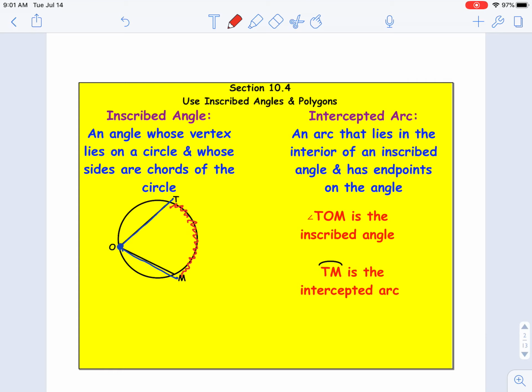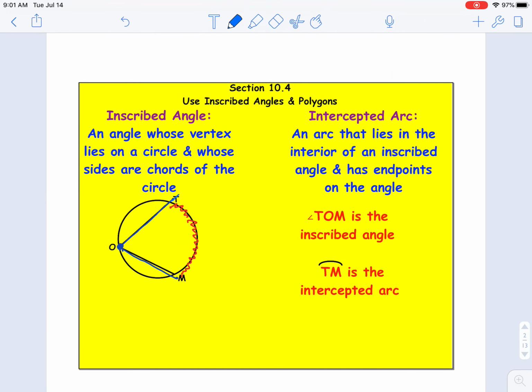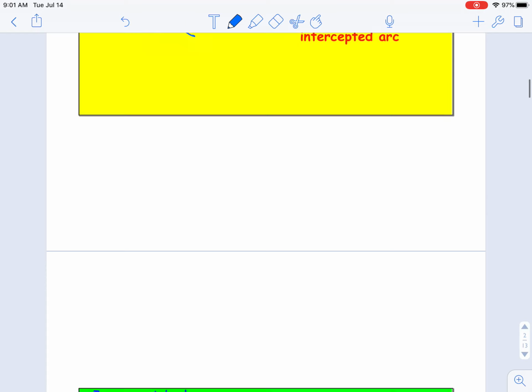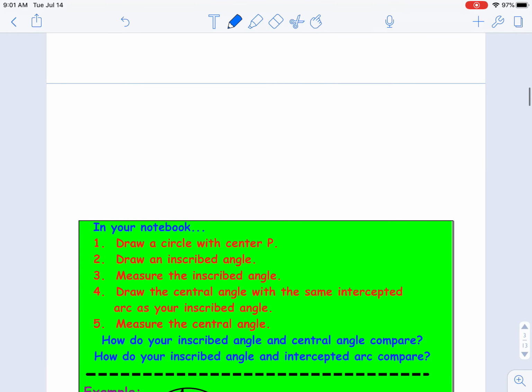The intercepted arc is the arc that is between those chords. So in this picture, angle TOM is the inscribed angle, and arc TM is the intercepted arc. Remember, sometimes it's easier to see this intercepted arc if you extend those chords a little bit.